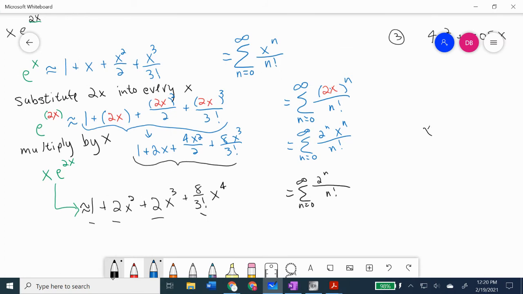And I'm going to say over to the side, if you had started with x to the n and you multiplied by x, the exponent rule says add the exponents. You're adding 1. So you're just adding 1 to the exponent, and that's it.